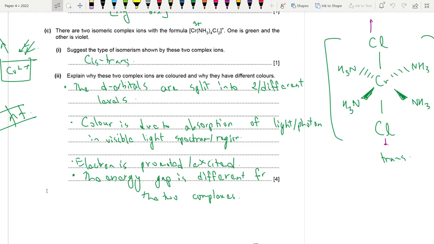So why do they have different colors? Why does the color actually arise? Mainly, you know that the d orbitals are degenerate at the beginning, they have the same energy level. So when ligands use their lone pairs to fill up the vacant d orbitals, the d orbitals split into two levels, higher and lower.